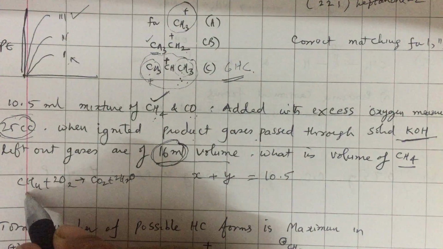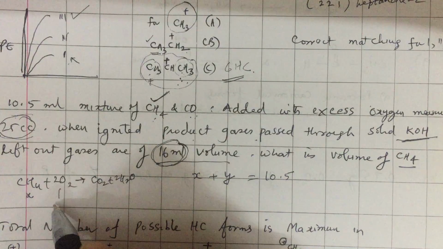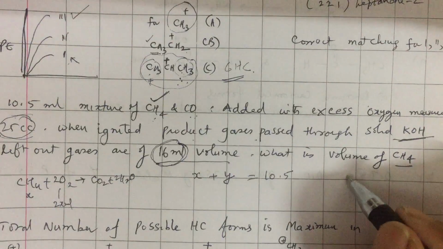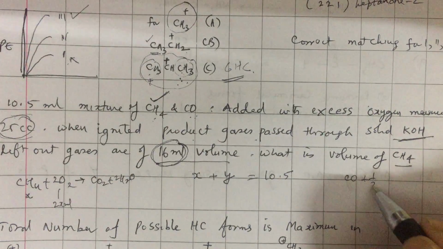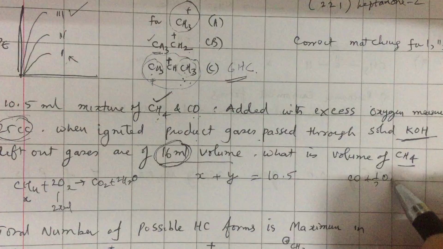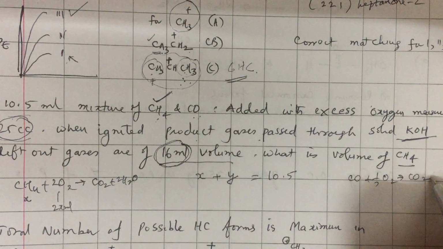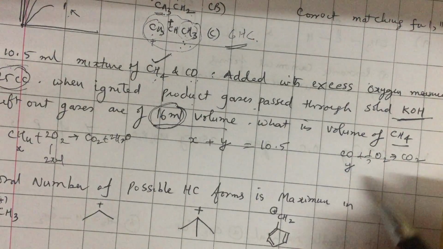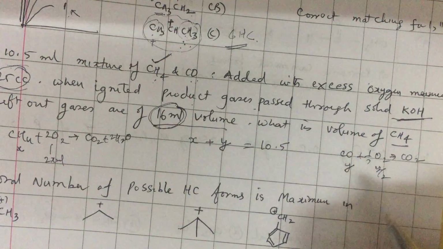Therefore, if I have X ml of methane, I require 2X ml of oxygen for combustion. And when I look at CO, each mole of CO requires half mole of oxygen for complete combustion. So if I have Y ml of CO, I require Y/2 ml of oxygen.